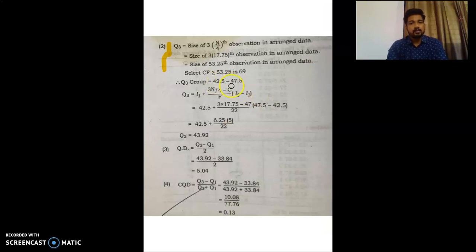So Q3 group is 42.5 to 47.5. We have the formula: L1 plus 3n by 4 minus C, divided by F, times L2 minus L1.